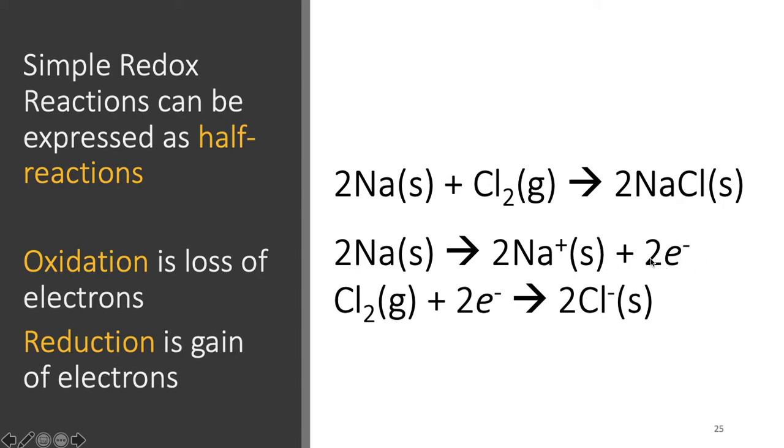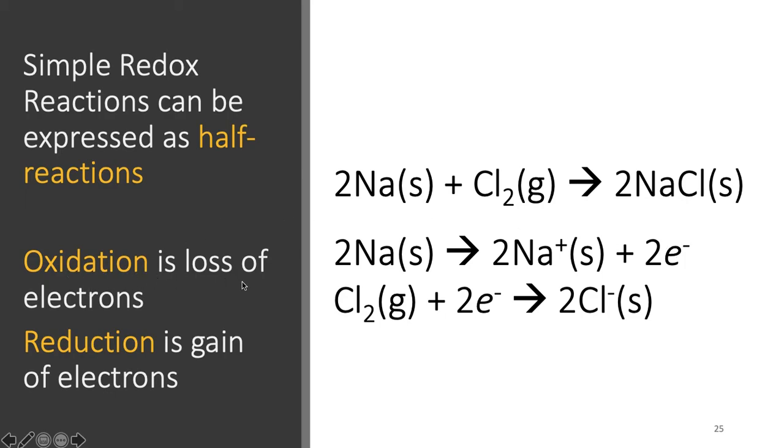I lose 2 electrons. If the oxidation state of the species is getting more positive, that means that it is losing the electrons, and they appear on the product side because it's losing. Sodium is losing the electrons. They are made as product, if you will.